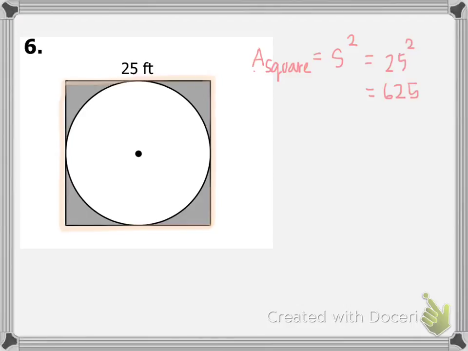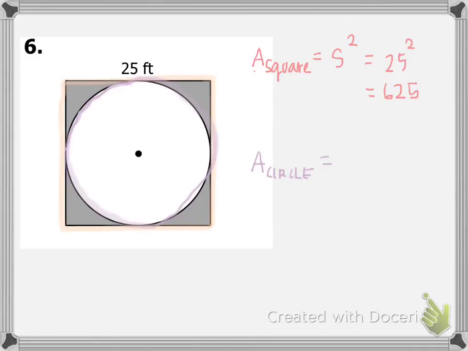Okay, then I'm going to find the area of the circle here. So the area of the circle. And then I'm going to subtract the two, and it'll leave me with the difference of that shaded region.